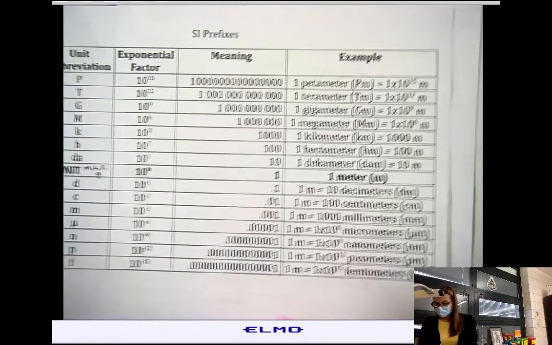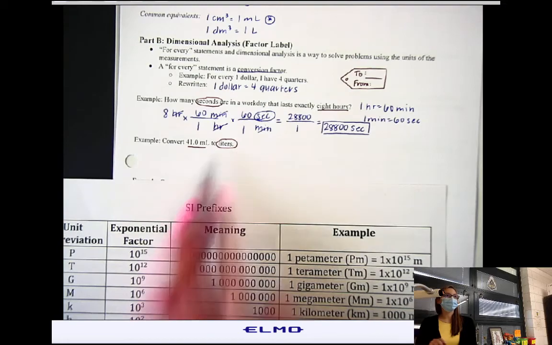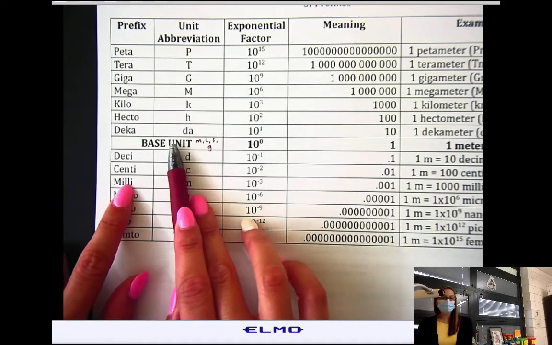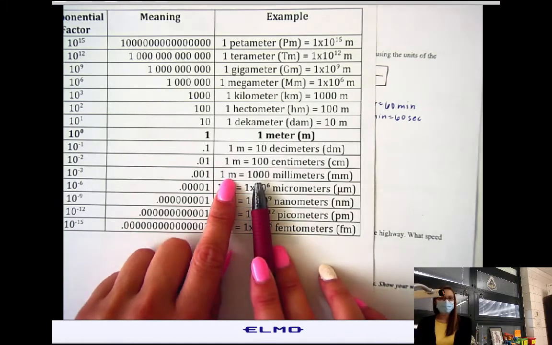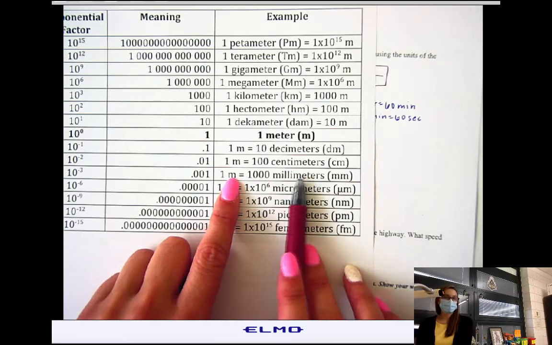And so this question wants us to go from milli to liters. So here's milli. Liter is a base unit. Here's how we'd write it out. Now again, this is meters. You just have to replace meters with liters. 1 liter is 1,000 milliliters.